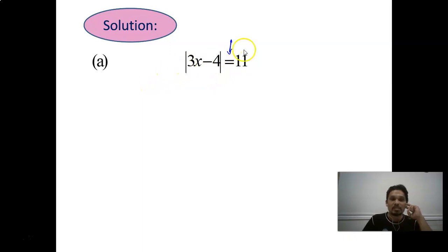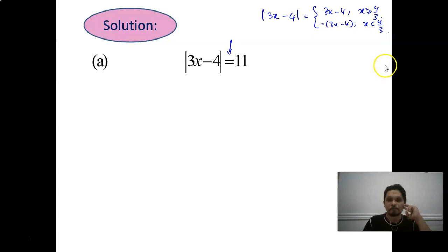By the way, the modulus of 3x minus 4 equals 3x minus 4 for x greater than or equal to 4 over 3, or negative (3x minus 4) for x less than 4 over 3. So we have two definitions here.